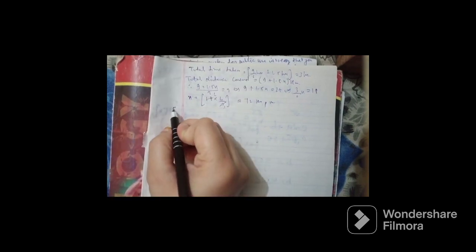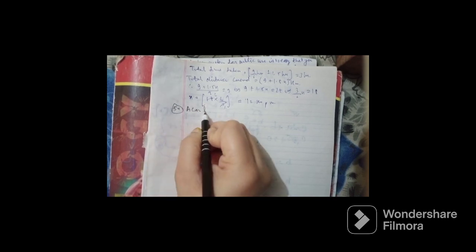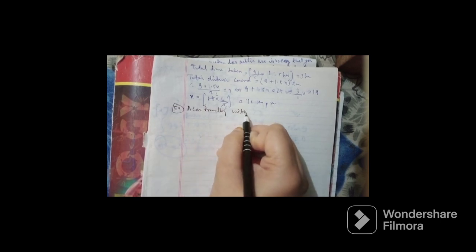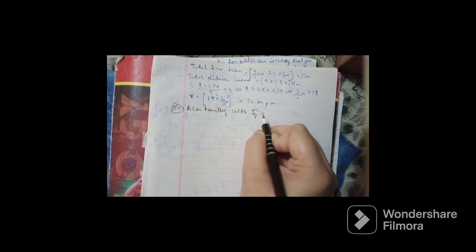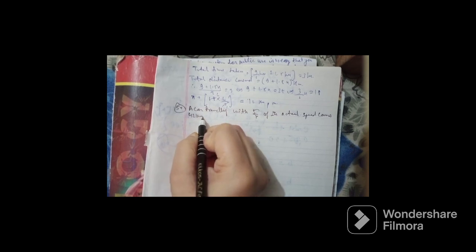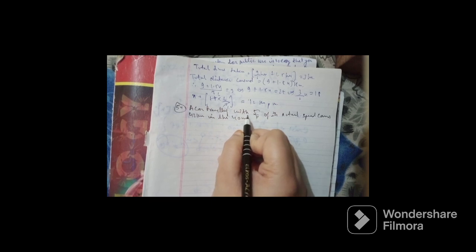So here we go for it. 54th question: a car traveling with 5 by 7 of its actual speed covers 42 km in 1 hour 40 minutes 48 seconds.